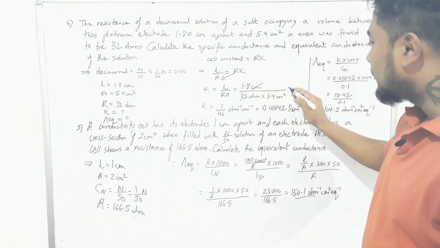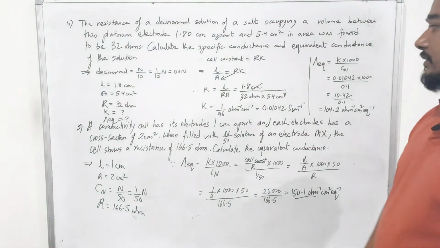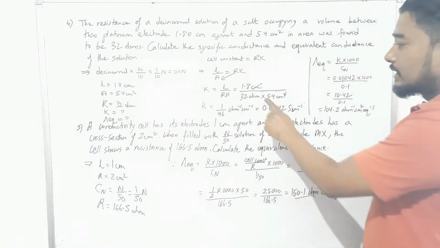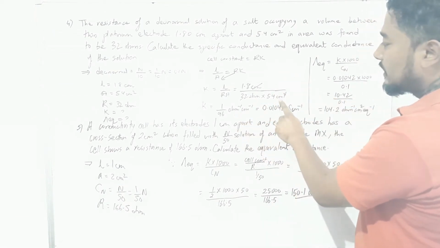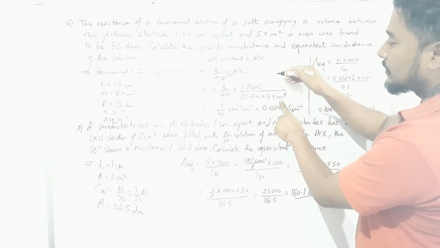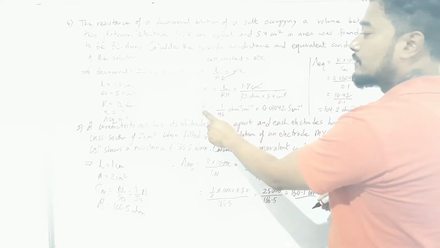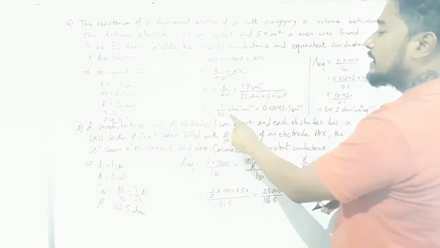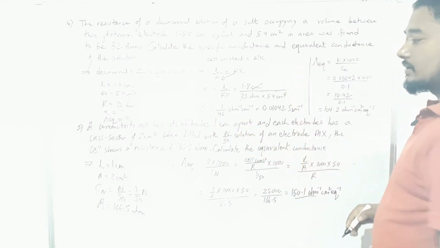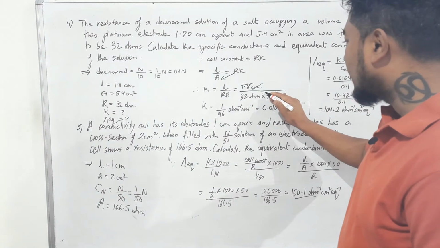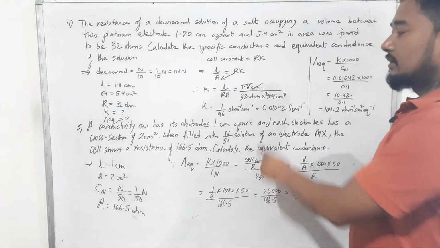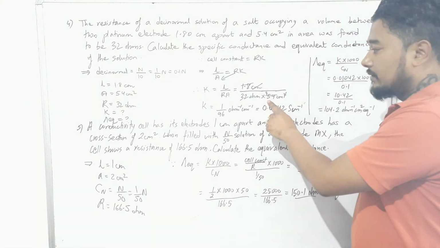Now this centimeter square and this centimeter will get cancelled. So let us play with the unit first. If this ohm goes up, it becomes ohm inverse. Similarly, if this 1 centimeter which is left goes up, it becomes centimeter inverse. So the unit of specific conductance, that is kappa, is ohm inverse centimeter inverse. Now the value. This and this will exactly go by 3 times. 1.8 into 3 is 5.4.